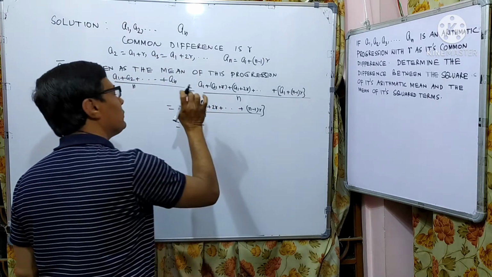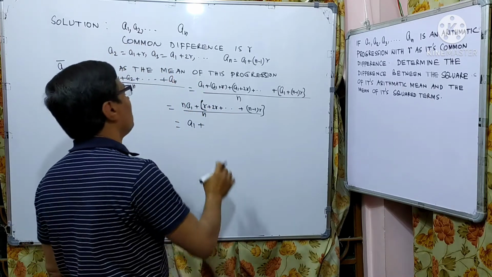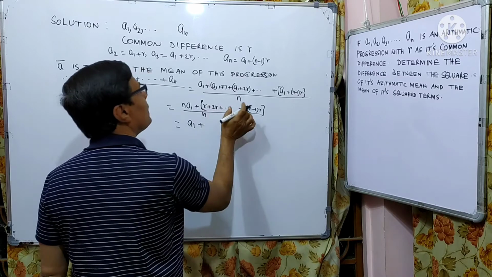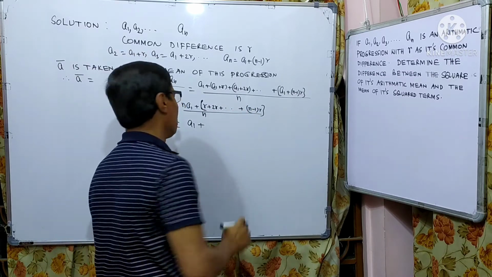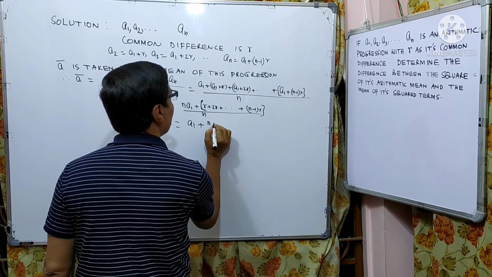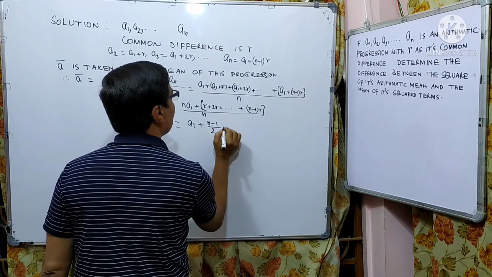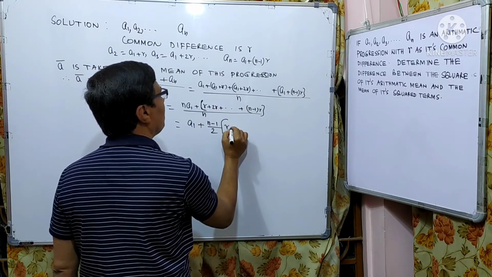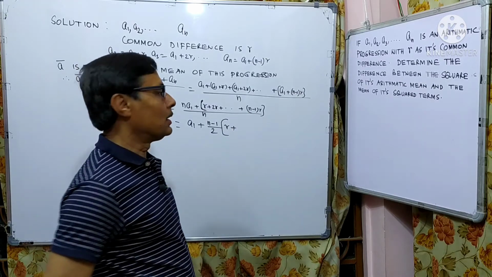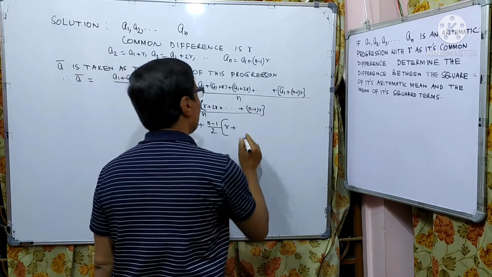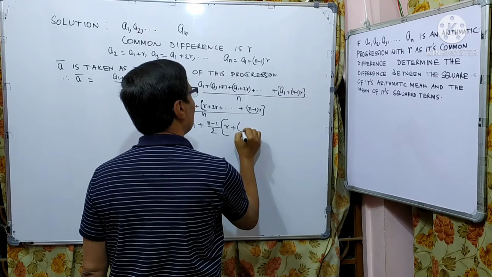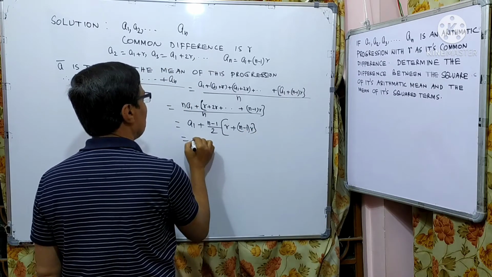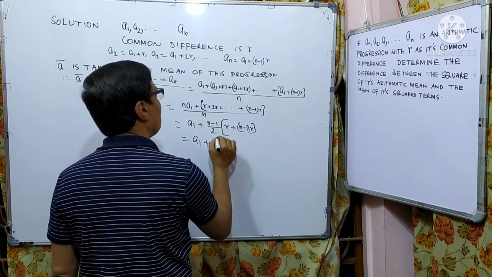The number of terms here is n minus 1, so the formula is number of terms n minus 1 over 2 into first term plus last term. The first term is r and the last term is n minus 1 into r.